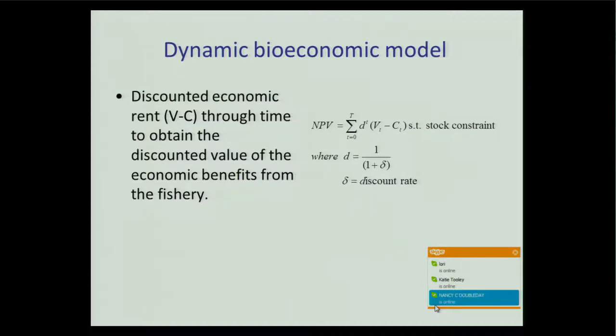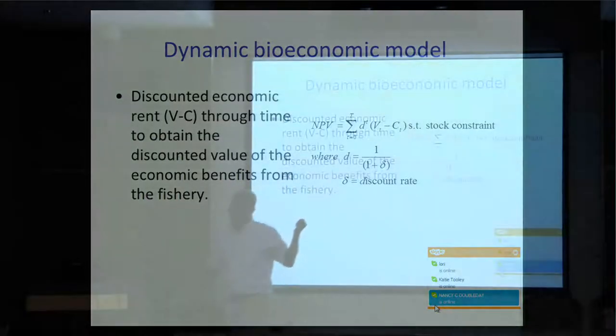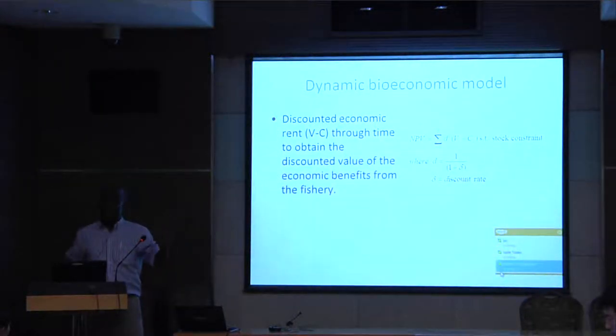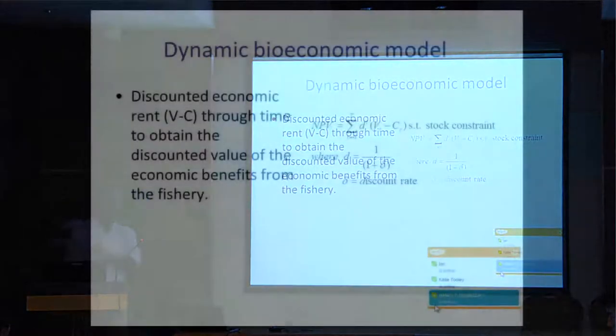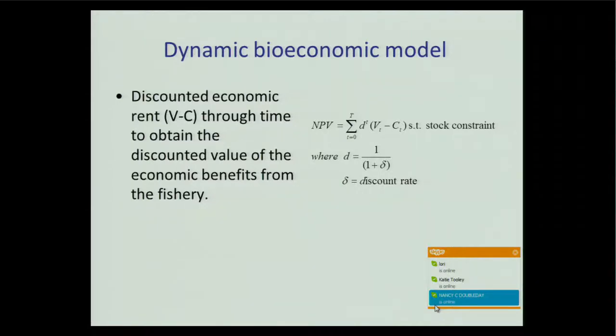The only thing is that you have time indexed to your total revenue, which is V in this equation, and time indexed to your cost, which is T in this equation. So each year, how much do I make? How much does it cost me to make this? You get the gap. Next year, you do the same, right? So you have a series of net rents each year.